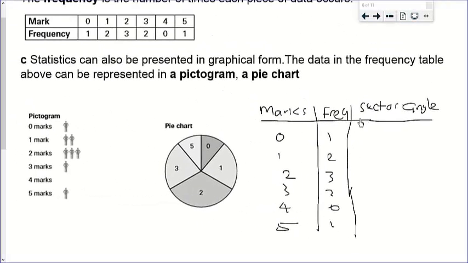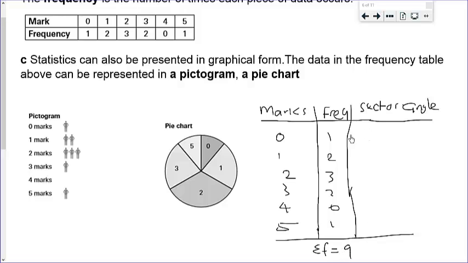So now we calculate the sector angle. So we need to find the total frequency. 1 plus 2 gives us 3, plus 3 gives us 6, plus 2 gives us 8, plus 1 gives us 9. So the total frequency is equal to 9.